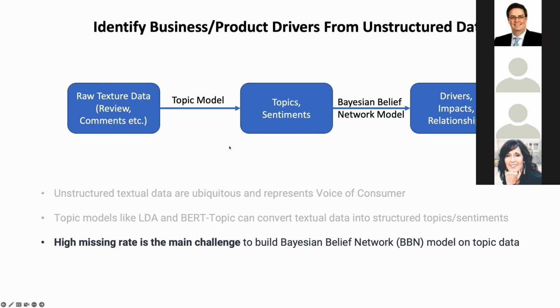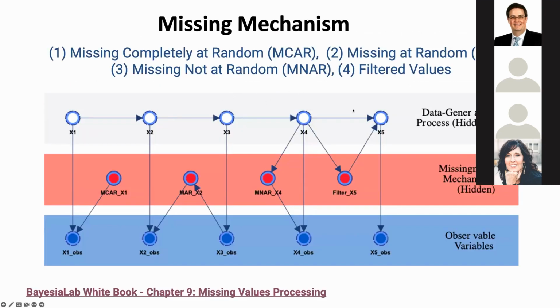and what kind of method we should use if we want to build a driver model to analyze unstructured data. Consider the different missing mechanisms in the context of unstructured data, let's say consumer review data on Amazon. If the data is missing, there could be all kinds of reasons why these topics are missing. It could be that a consumer doesn't like something and doesn't bother to comment.